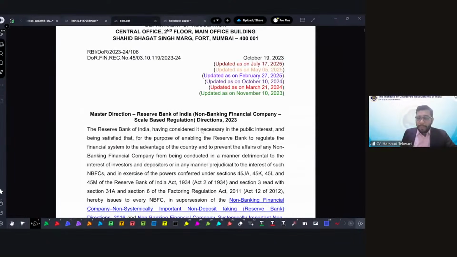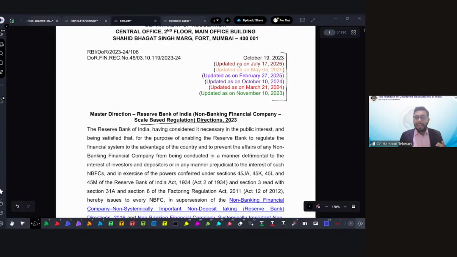So when I talk about NBFC directions, important directions issued by RBI, which are amended from time to time, it's nothing but the scale-based regulations direction. We call it scale-based regulations, but these are the 2023 directions. Okay. Now, these scale-based directions or scale-based regulations divide NBFCs into four layers.